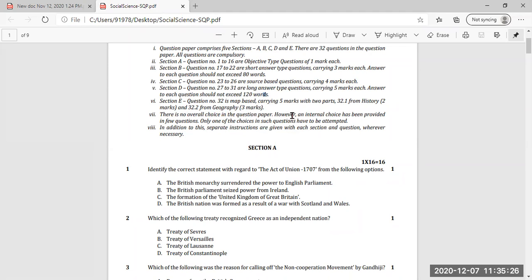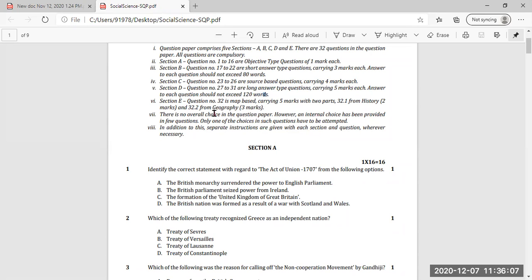Question 32 will be divided into 2 parts: 32 first part will be from history, of 2 marks, and 32 second part will be from geography, of 3 marks. So a total of 5 marks, 3 of geography and 2 of history.